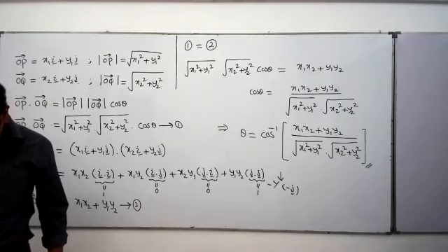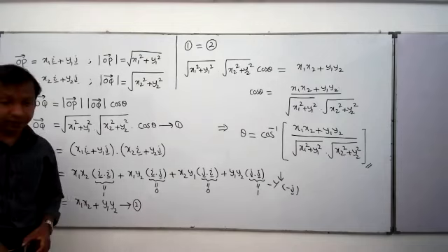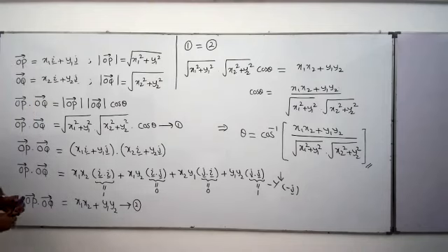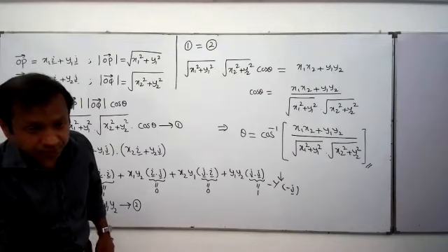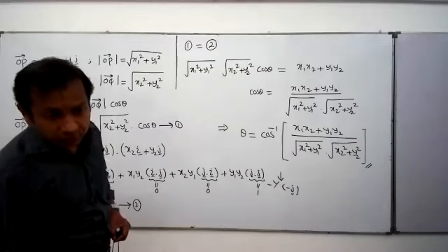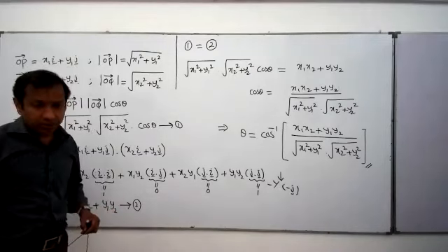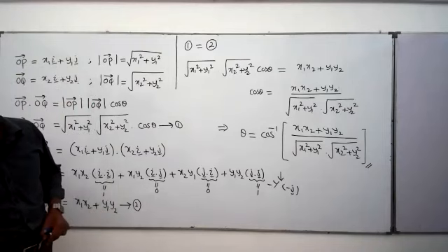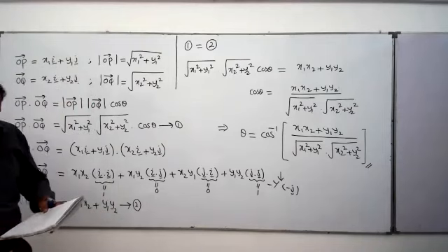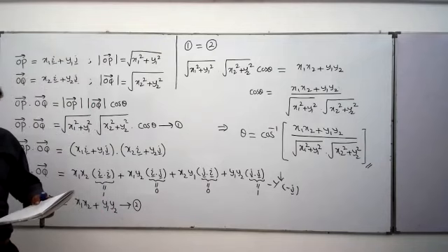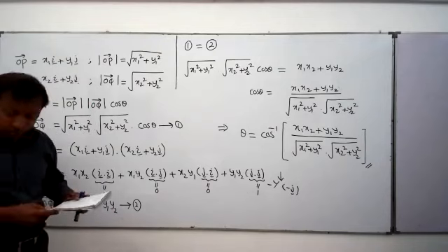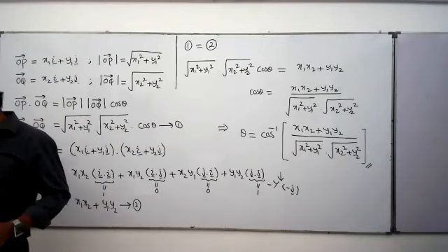We'll take question number 66. It says point A is (1, 2), point B is (3, 3), and point C is (2, 5).